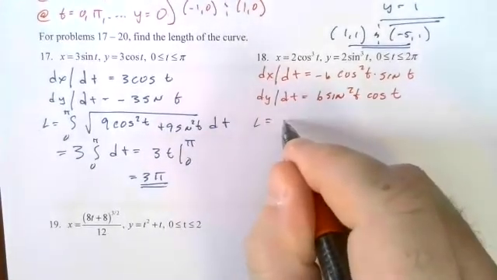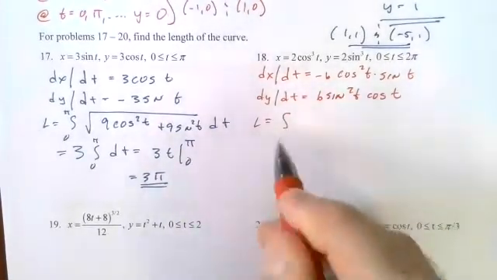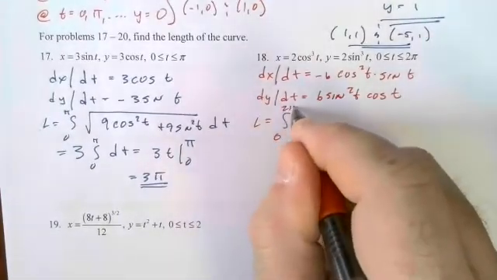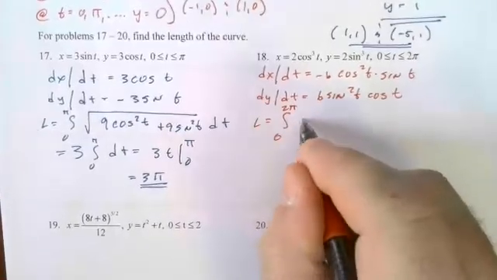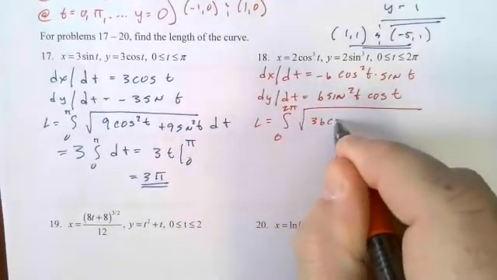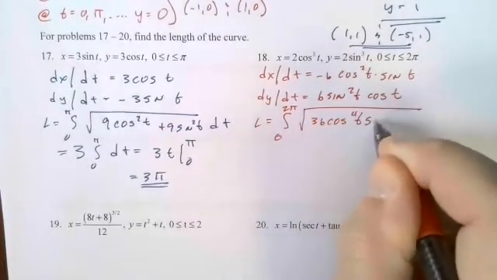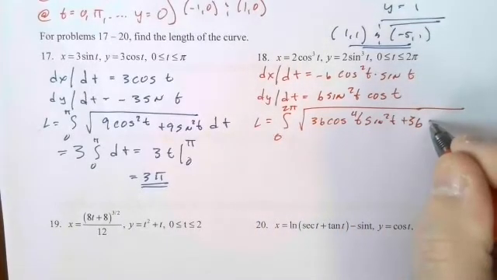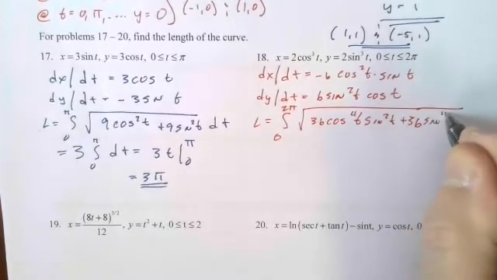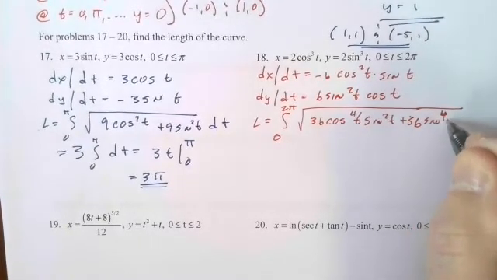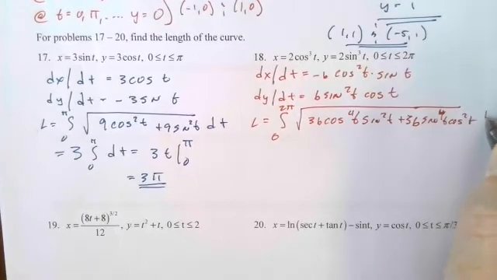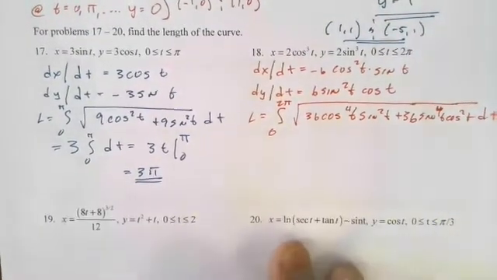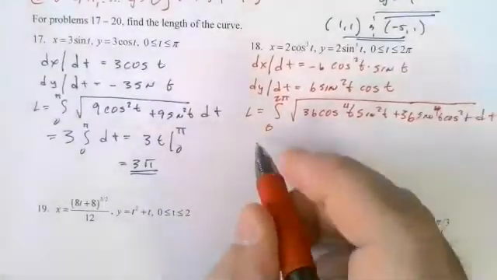Length is the integral. By the way, I felt like putting a pi out front after unit 8, so don't make that mistake. Square root of 36 cosine to the 4th t sine squared t plus 36 sine to the 4th t cosine squared t dt. All right, pull it all out.